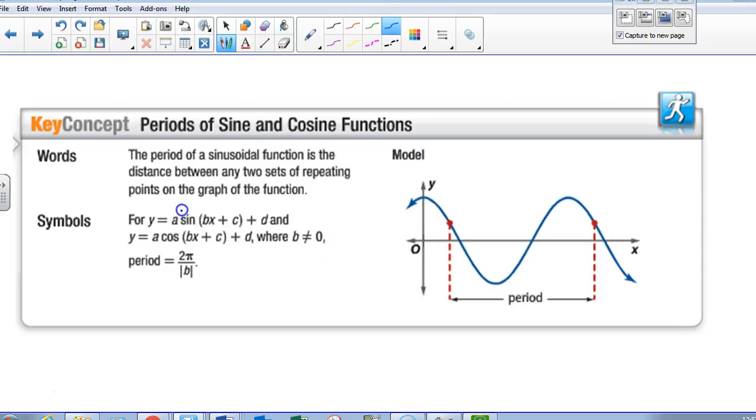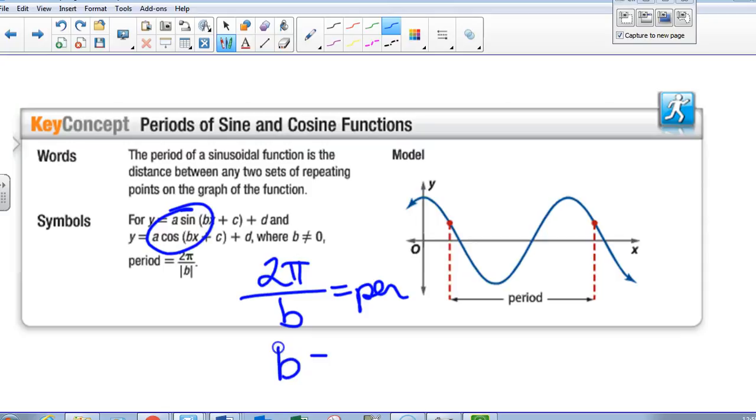And when we have sine and cosine, to find the relationship between that length and the b in the equation, you have to take 2 pi and divide it by b, and that will give you the period. Yes, everybody okay? So how do you find b? If you knew the period, it's 2 pi divided by the period equals b, right? They have a reciprocal relationship.